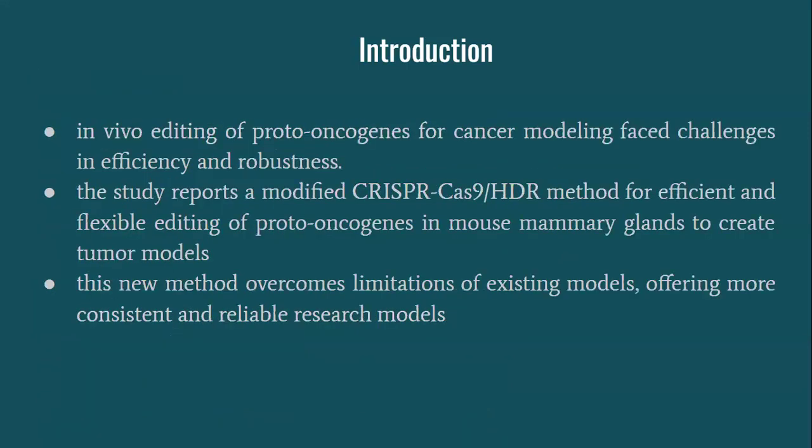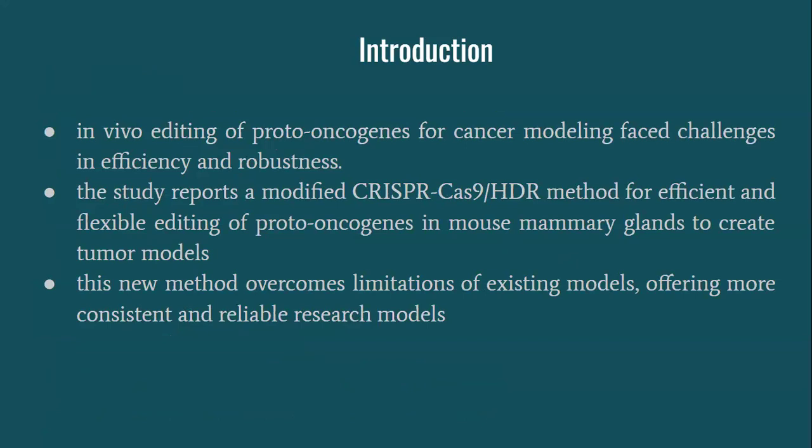Thank you. Okay, so in vivo editing of proto-oncogenes for cancer modeling faced challenges in efficiency and robustness so far. And this study actually reports a modified CRISPR-Cas9 HDR method for efficient and flexible editing of proto-oncogenes in mouse mammary glands to create tumor models.